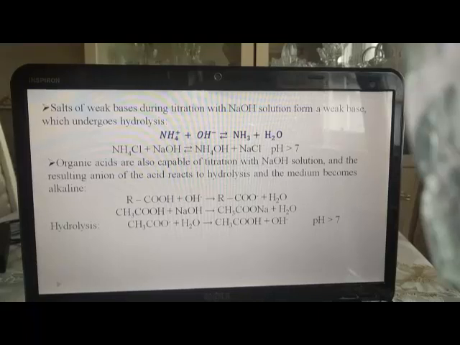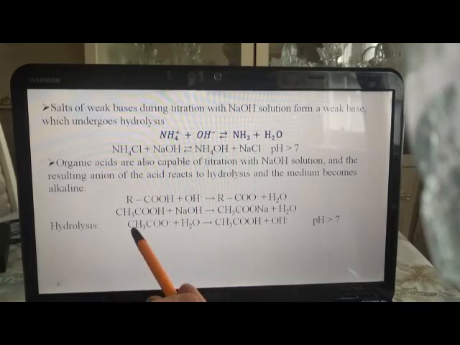Organic acids are also capable of titration with sodium hydroxide solution, and the resulting anion of the acid reacts to hydrolysis and the medium becomes alkaline.